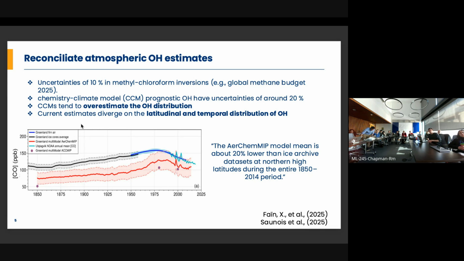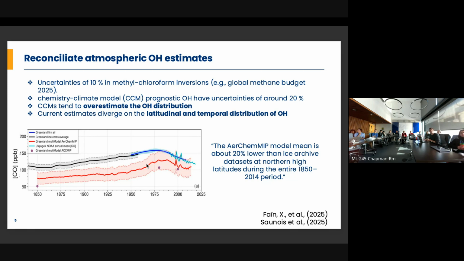So using the same metric, chemistry climate models would have uncertainties of around 20%, which is way too much. And they tend to overestimate OH. There are discrepancies with the methyl chloroform, so-called observationally derived estimates. There are also differences when you're trying to get to the spatial distribution.